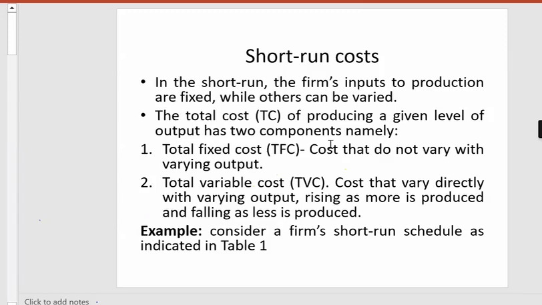Cost can be categorized in various ways. For example, when you say total fixed cost, these are costs that do not vary with varying output, like land. If the value of land is let's say 1 million, that 1 million should remain as it is.